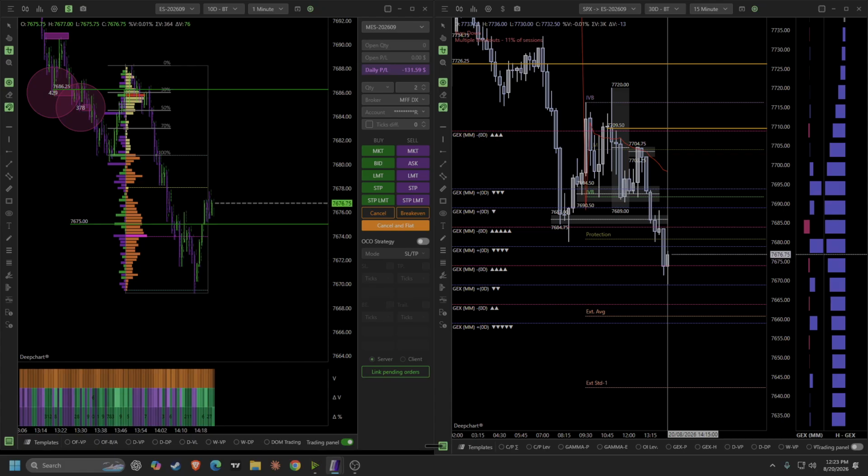Okay, so what it looks like is happening: if we break through this level, I believe we're coming all the way back down to test the bottom of this range, the bottom third of the range.